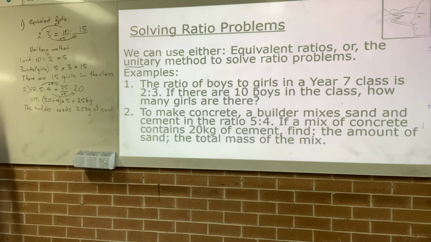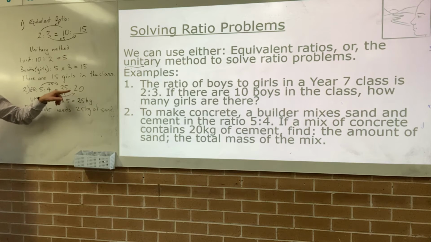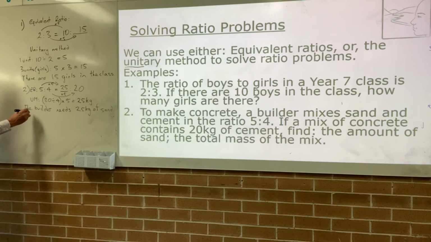But I haven't finished the question. What haven't I finished yet? Yeah? The total mass. The total mass. Great work. I still need to work that out. So if my total, how am I going to work out my total mass? You do need to do some maths, that's right. It's actually really easy. You just add the two numbers together. Yeah, good work. Thank you for pointing that out.